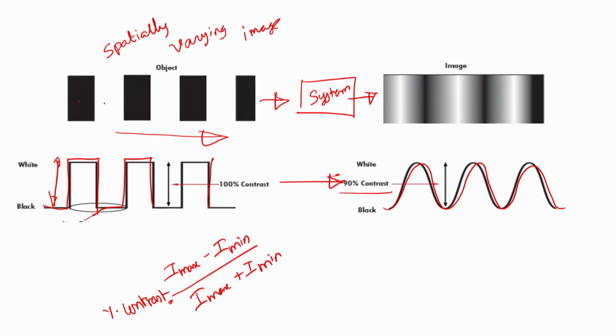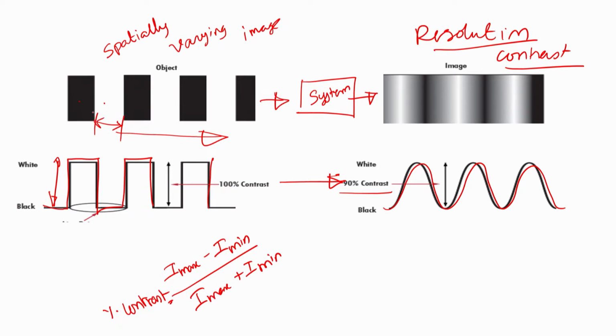So, here there are two concepts, the concept of resolution and the concept of contrast, and there is a connection between them. Resolution is the closest two lines that can be separated.